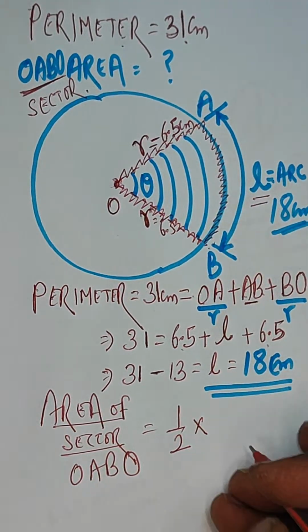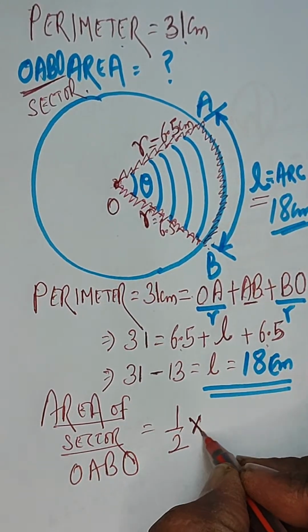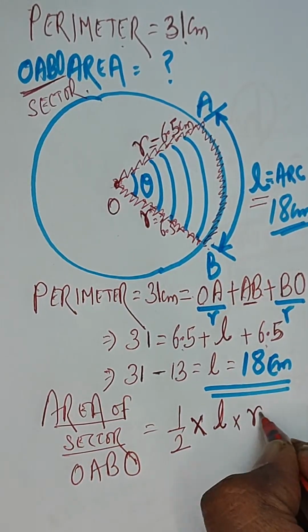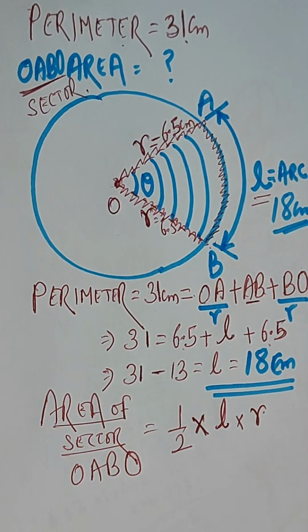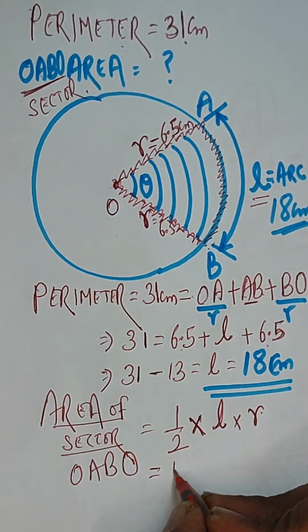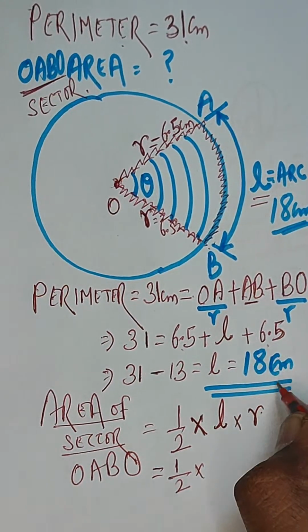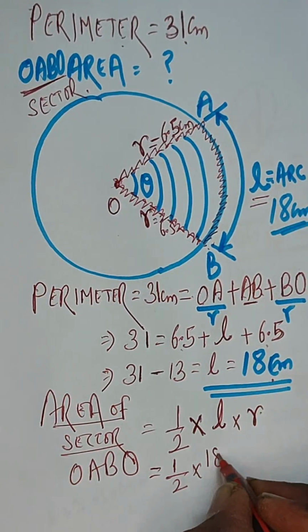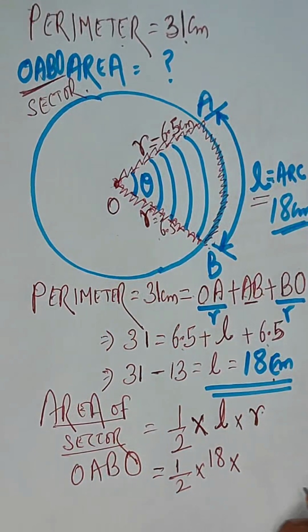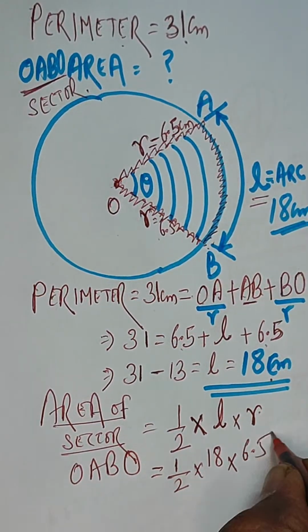Similarly, for a sector, it's equal to half into L, the length of arc, into radius, right? This is a standard formula for the area of a sector, my dear friends. We know the value of L, L is nothing but 18. Just put it over here, into R, R is nothing but 6.5.